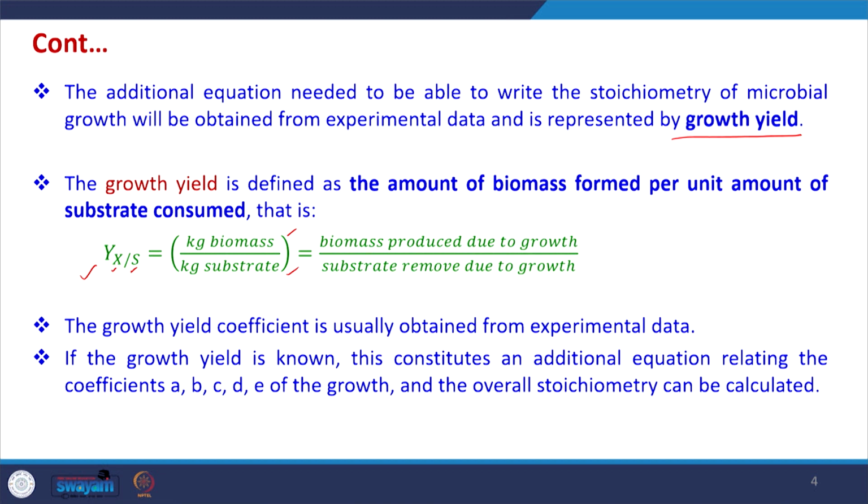If we can find out the growth yield, this constitutes an additional equation, and thus we now have 4 elemental equations and 1 growth yield equation. So, we have 5 equations, and thus we can find the values of coefficients a, b, c, d and e in terms of the growth yield and the other parameters.